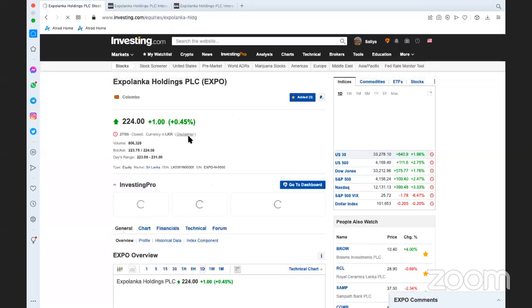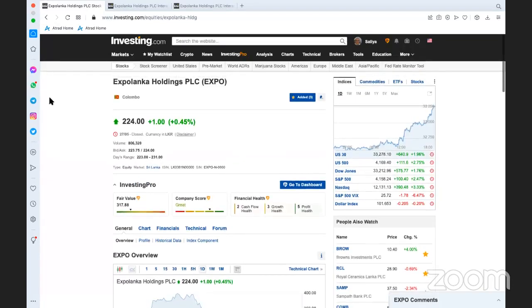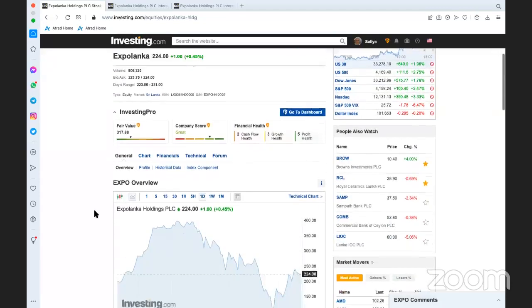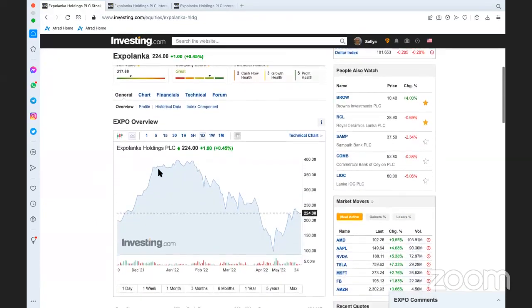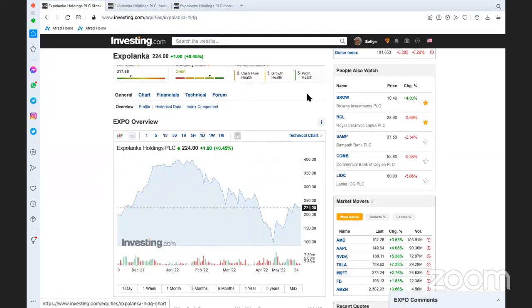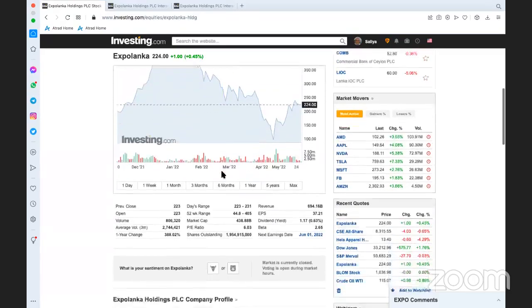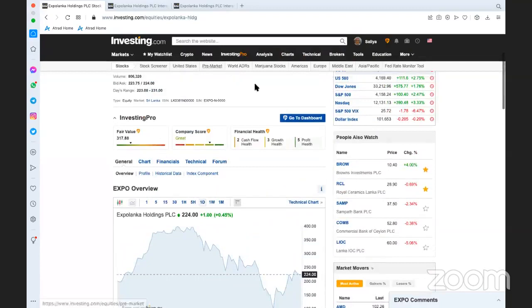That counter, and then we come into the page of that counter, and thereafter we can move to the technical charts, but also you can make use of all the information that's available in the screen dedicated to that counter, and get useful and valuable information.